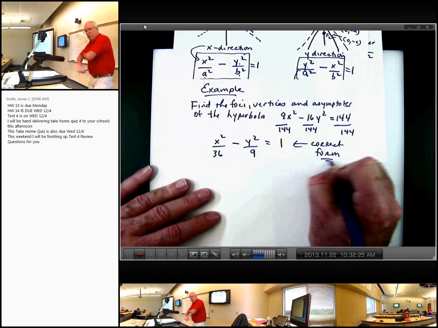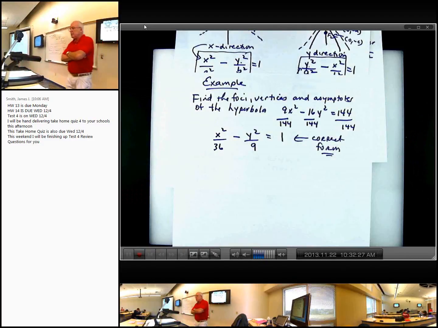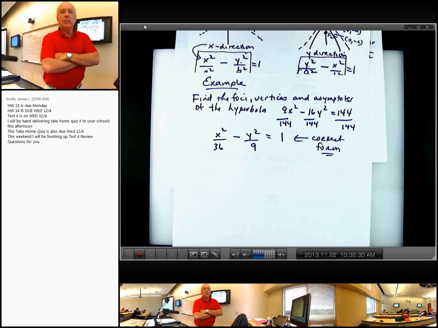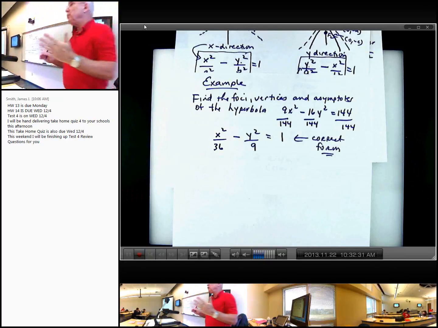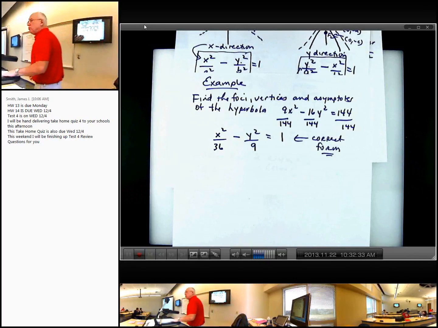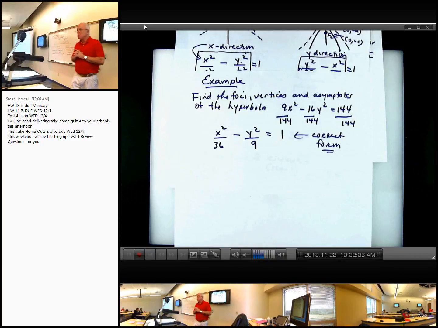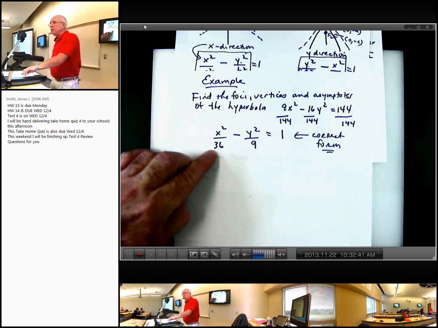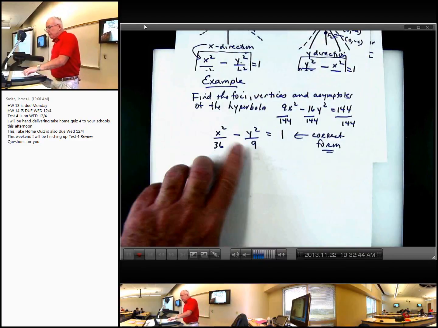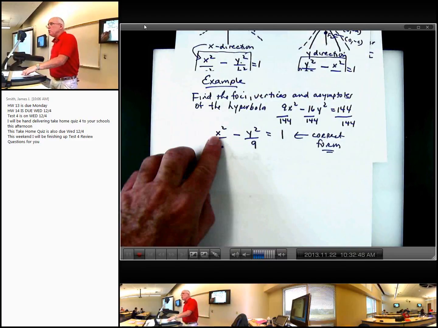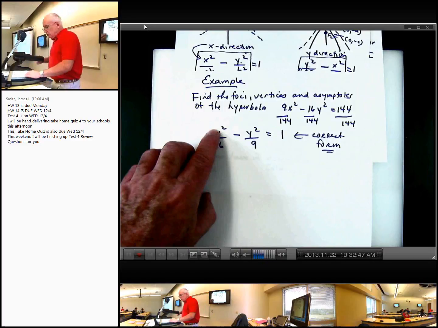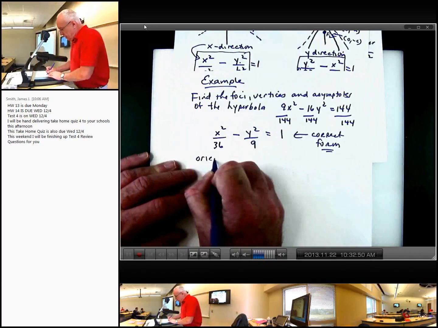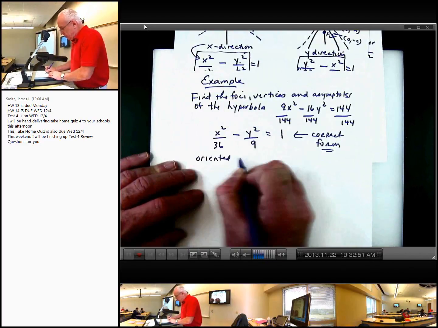My first question then: is this hyperbola going to be oriented in the vertical direction or in the horizontal direction? Right, horizontal direction, not because 36 is bigger than the 9, but because this is the positive term with the x in it. So it's going to be oriented in the x direction.